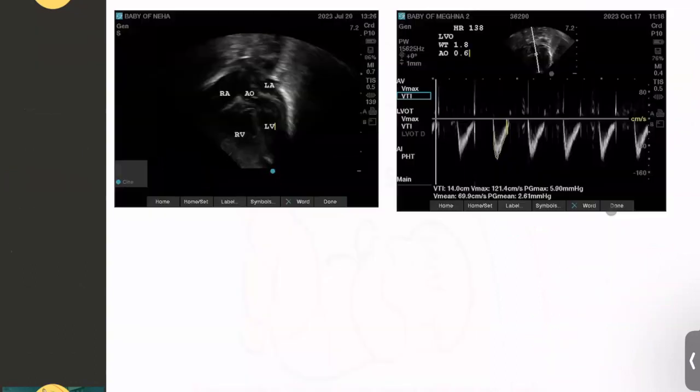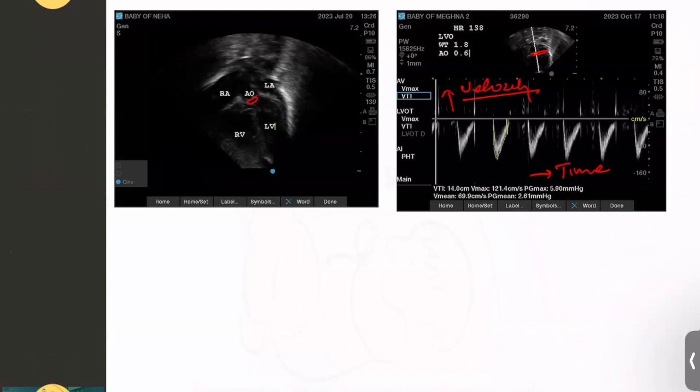Okay, so let's see how it happens. So this was the baby, and you see, this is the pulse wave Doppler. You can see the two horizontal bars here, and you see this kind of wave. Then you need to trace this wave. On this graph, the x-axis is the time and the y-axis is the velocity.